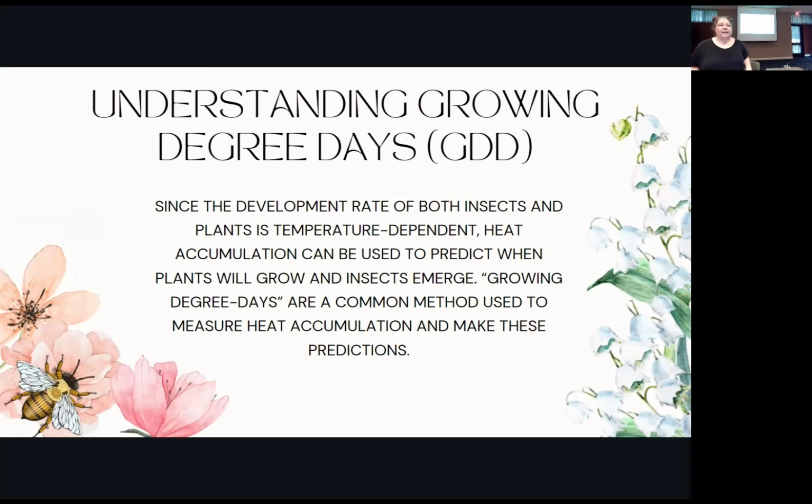Since the development of plants and insects are dependent upon the accumulation of temperature over time, we can use that information as a predictive tool to figure out when these things are going to occur. We can say, okay, we've had this kind of weather over time, and you can do a mathematical equation to figure out exactly when things are going to bloom, exactly when nectar is going to flow, exactly when the development of insects is going to occur.